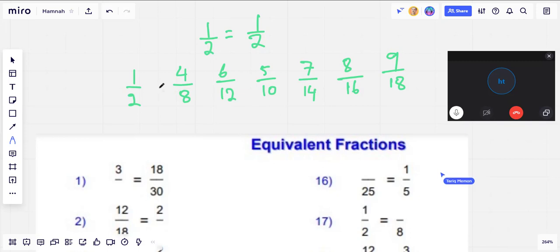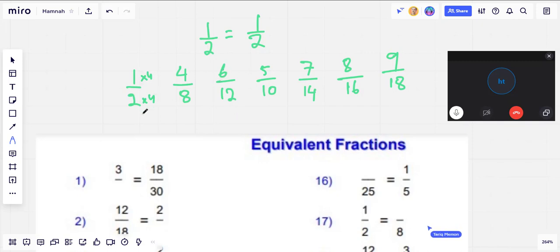And how I found all those equivalent fractions is by multiplying something with this fraction, with this 1 over 2. So multiply by 4 with the numerator and denominator both. 4 times 1 is 4 and 2 times 4 is 8. So 4 eighths. And times 6 with the numerator and times 6 with the denominator, then you're gonna get 6 twelfths.